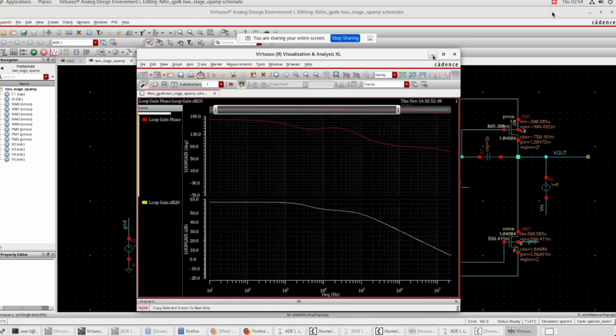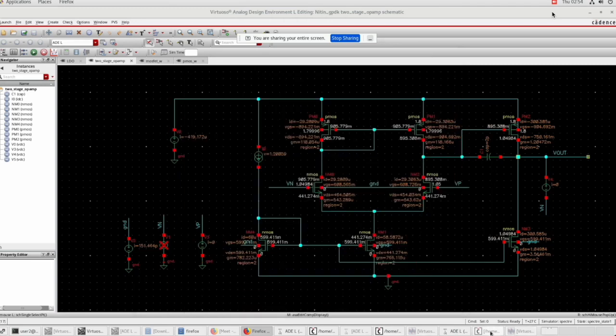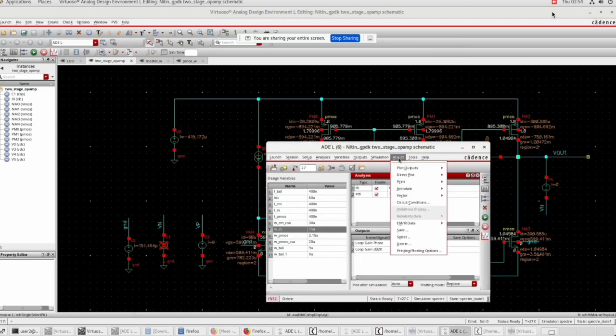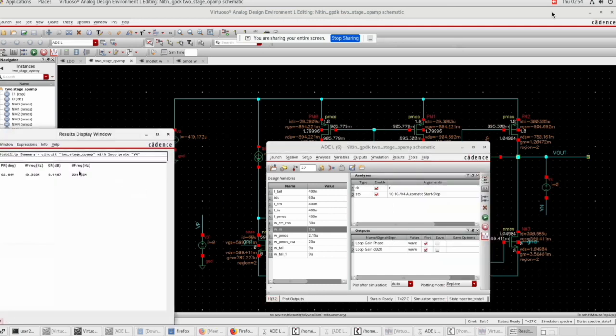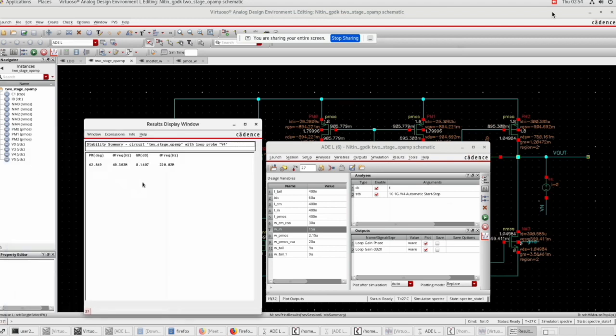And we can see the stability of this MOSFET through stability summary. So we can see that the phase margin of this OPAMP is 62 degrees, which is a good number.